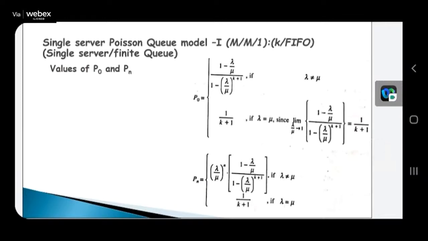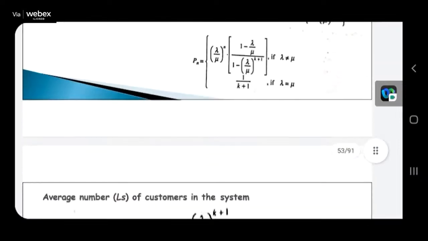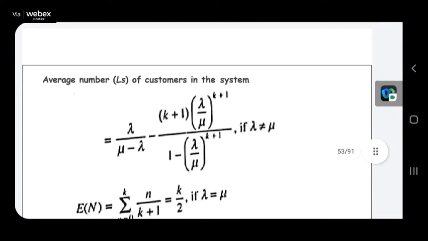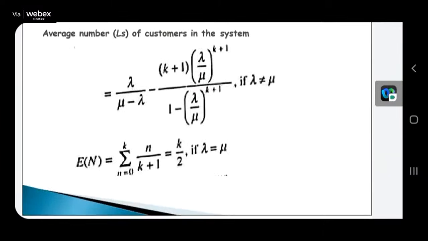What will be the value of P naught in the K FIFO model? What will be the value of Pn in the K FIFO model? That's very, very important here. Then LS. I gave this explanation in depth yesterday and today also.